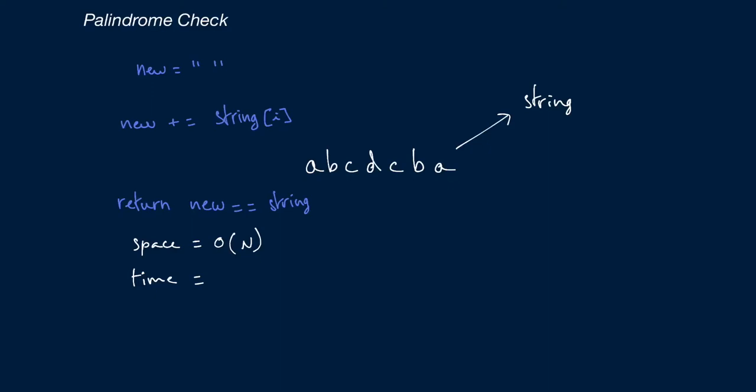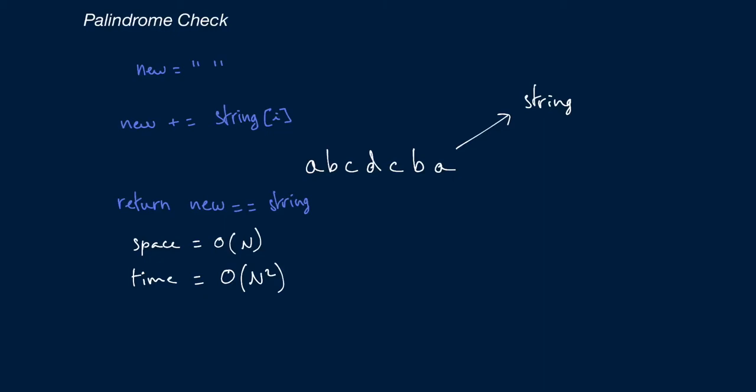The way string concatenation works, at least in Python and a lot of other languages, if you do new, where new is a string, plus equal to string of I, you're actually creating a new string and iterating through all the characters in new, adding them to that new string, and adding string of I. And so, because of that, this actually turns into an O of n squared algorithm. Okay? So, how can we improve upon this? How can we make this better?